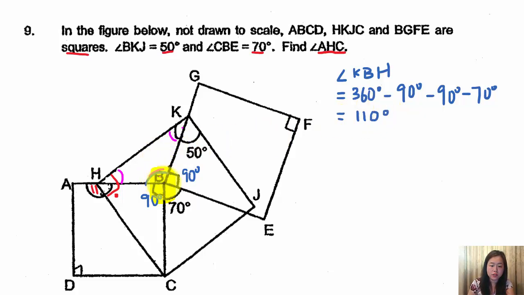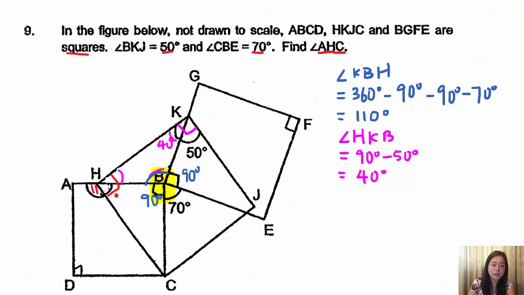So after we have found this, we can actually find this. Because this is 90 degrees, angle HKB is actually equal to 90 degrees minus 50 degrees, which is equal to 40 degrees here.